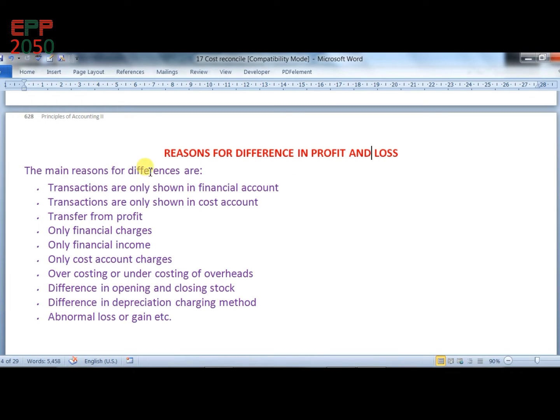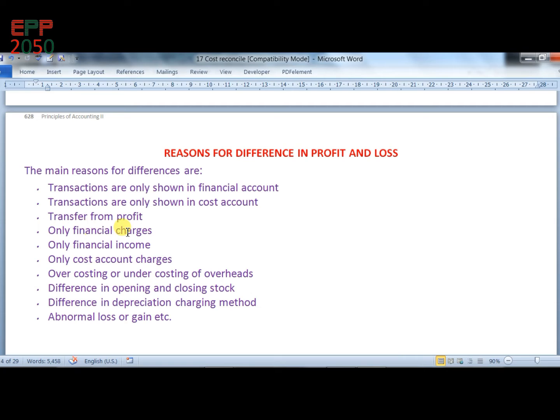The main reasons for differences are transactions only shown in financial account, transactions only shown in cost account, and transfers from profit, it means transfer to general reserve, transfer to sinking fund, transfer to asset replacement fund, proposed dividend, etc. These transactions are transferred from profit.